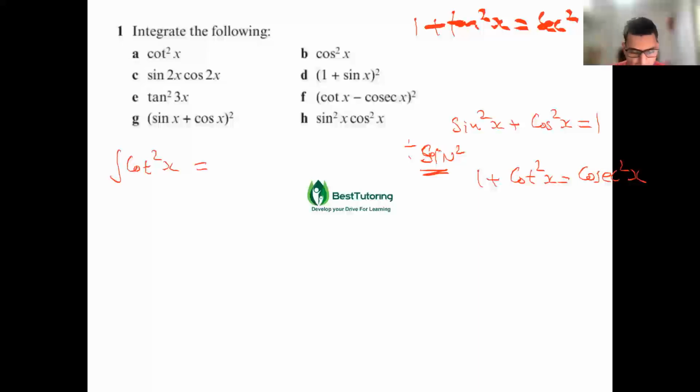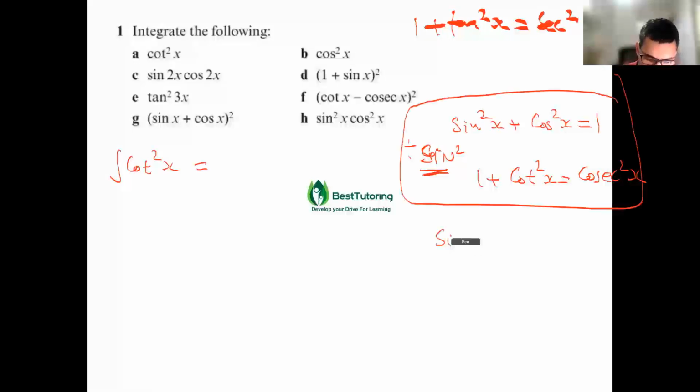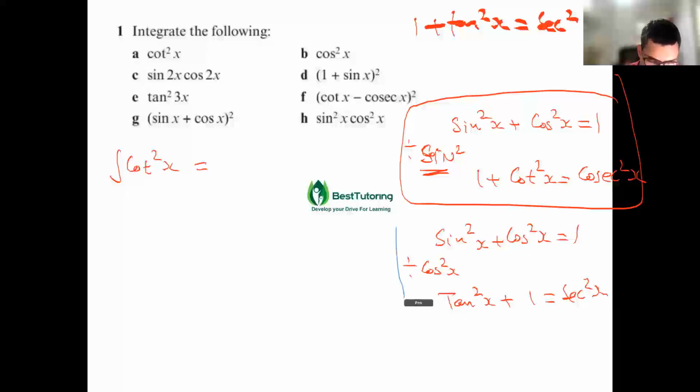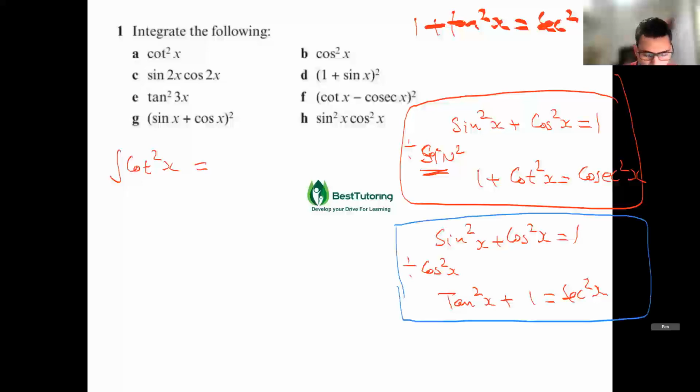If we divide both sides by cos square x, sine square over cos square x is tan square x, plus 1 is equal to sec square x. You can remember these formulas, or you can just derive them like I'm deriving them. Deriving is very easy. It takes only 20-30 seconds to figure it out.